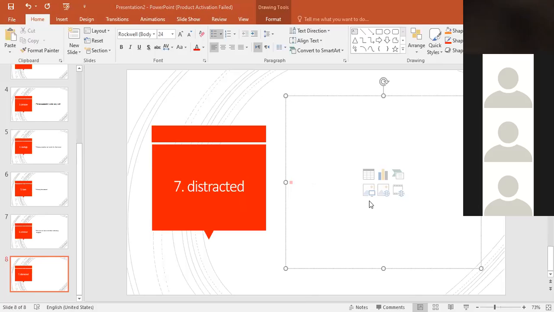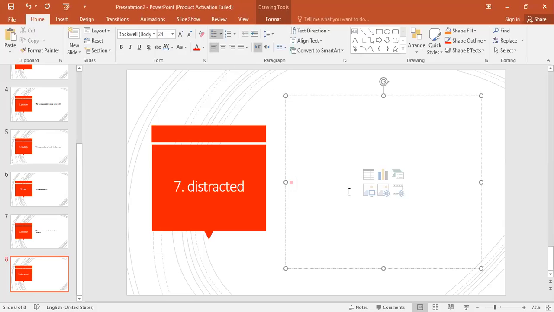Distracted. Like when you can't focus. Excellent. When you're not focused. All right. Like someone annoys you, distracting you when you're trying to do something.